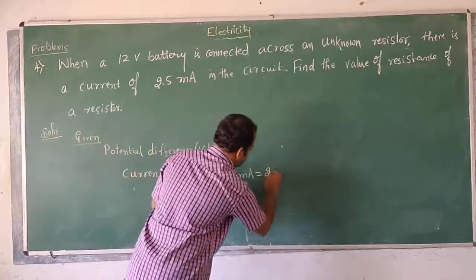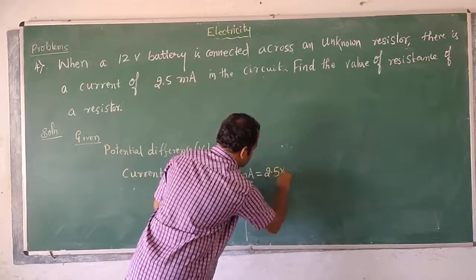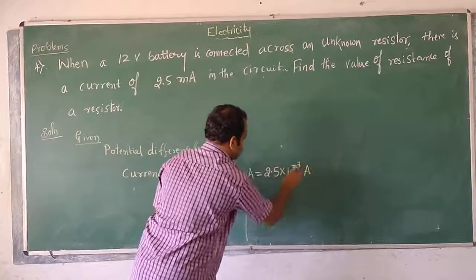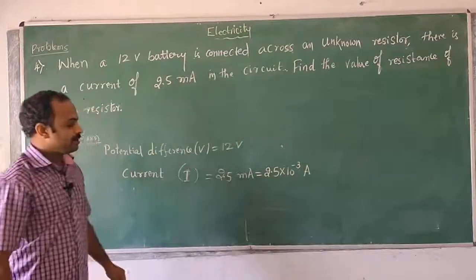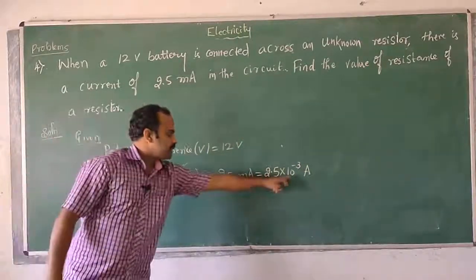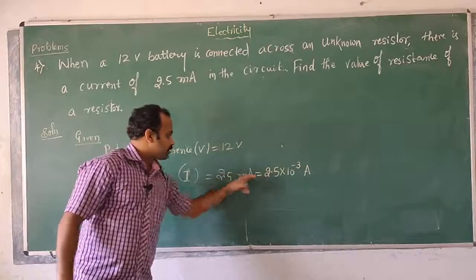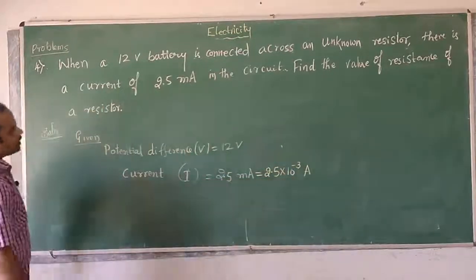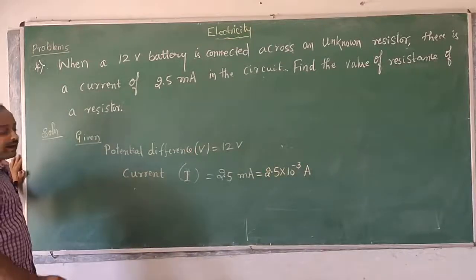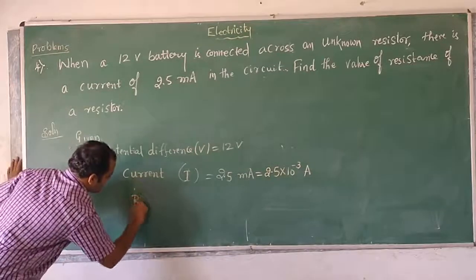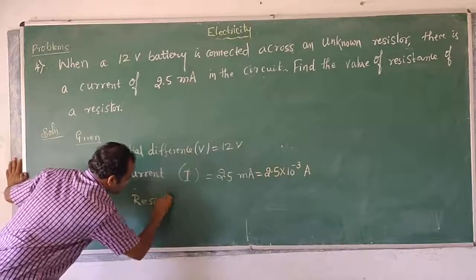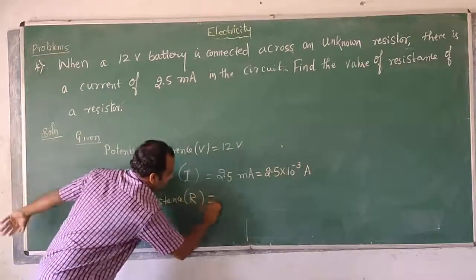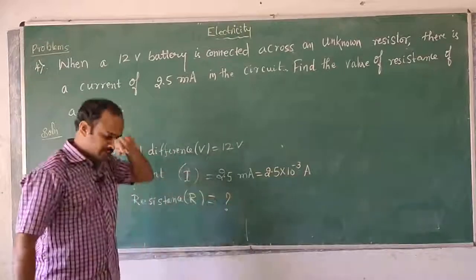That is 2.5 into 10 power minus 3 ampere. What should we find? The unknown resistance, the resistance of that resistor. That we have to find out.